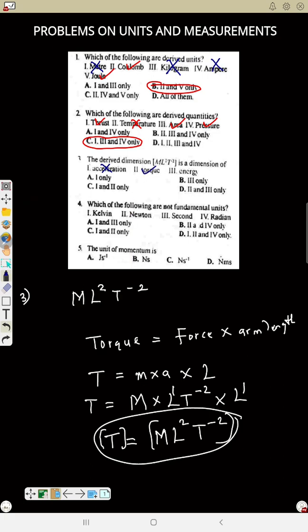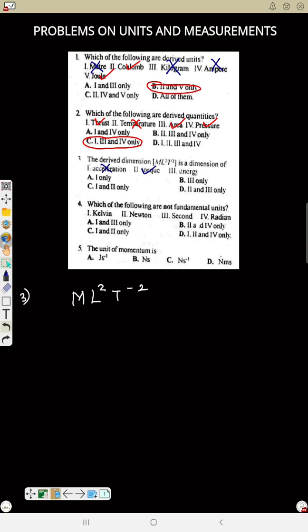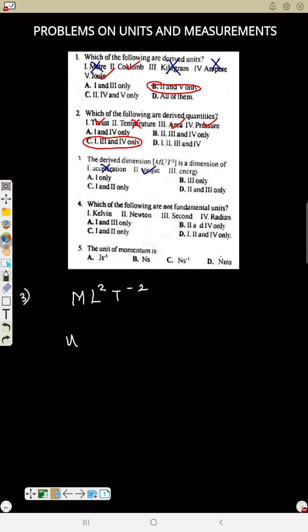So it tallies with that. Then the third one, energy. We can represent energy as work. Work is force times displacement. And what is force?